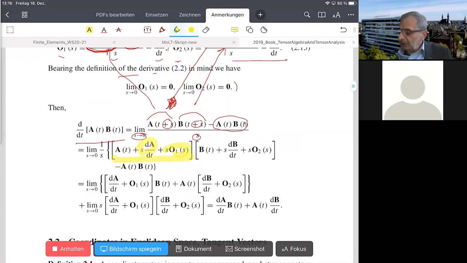And the same I do here with b. The only difference we have here is this function o2. This is this term here, this product. We subtract the original term here, and we divide everything by s, and take this limit, s tends to 0.